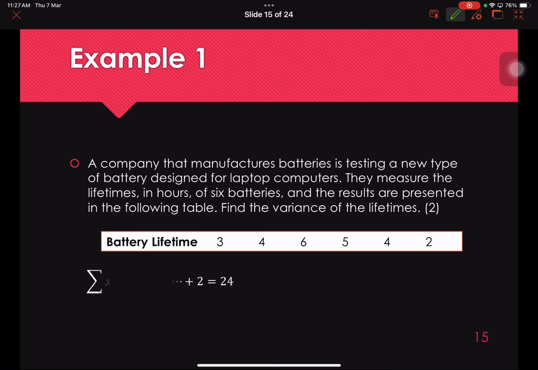Okay. 24. Do you have 24? Summation of x squared is 106. And the answer is 2.